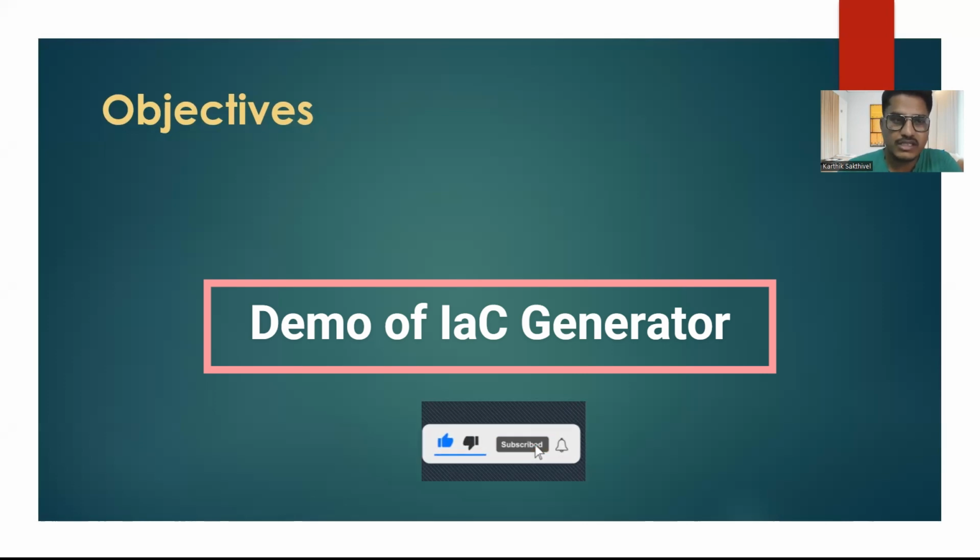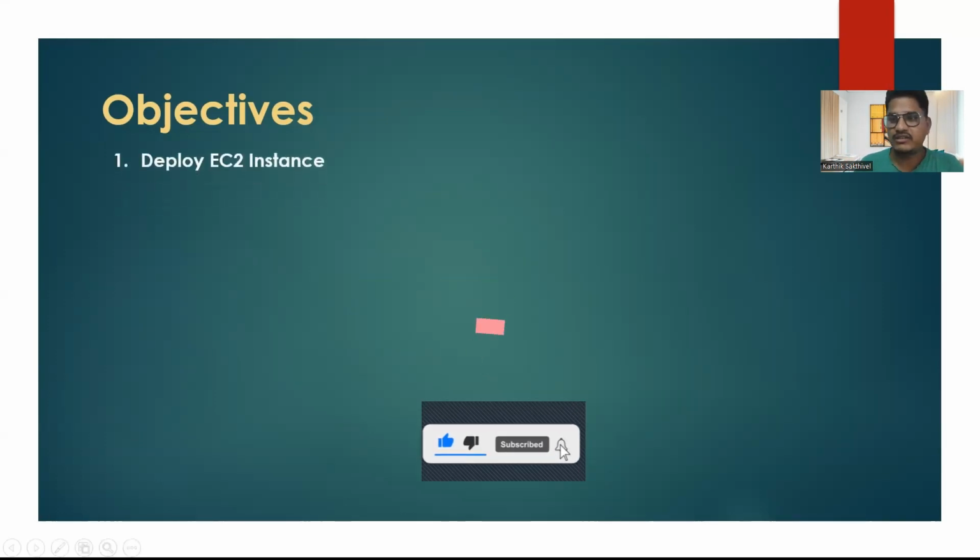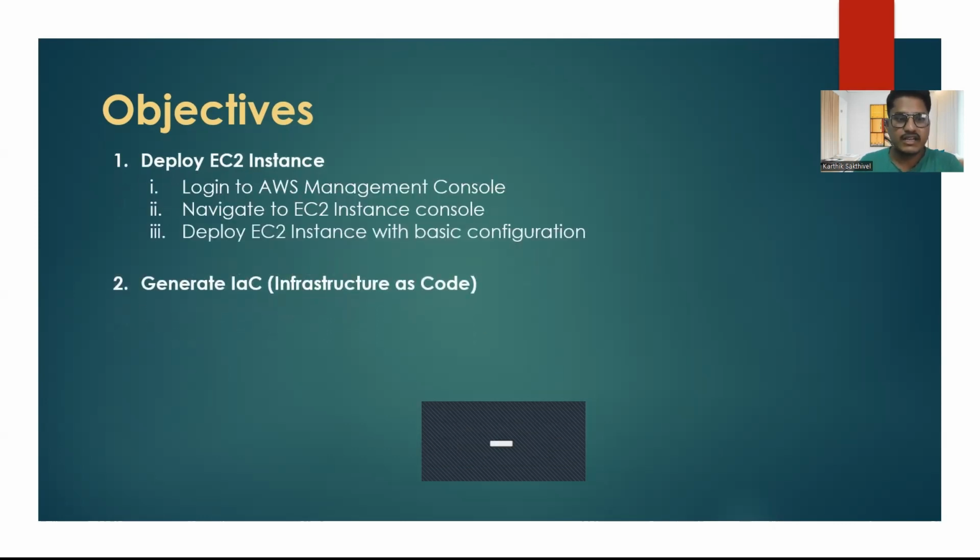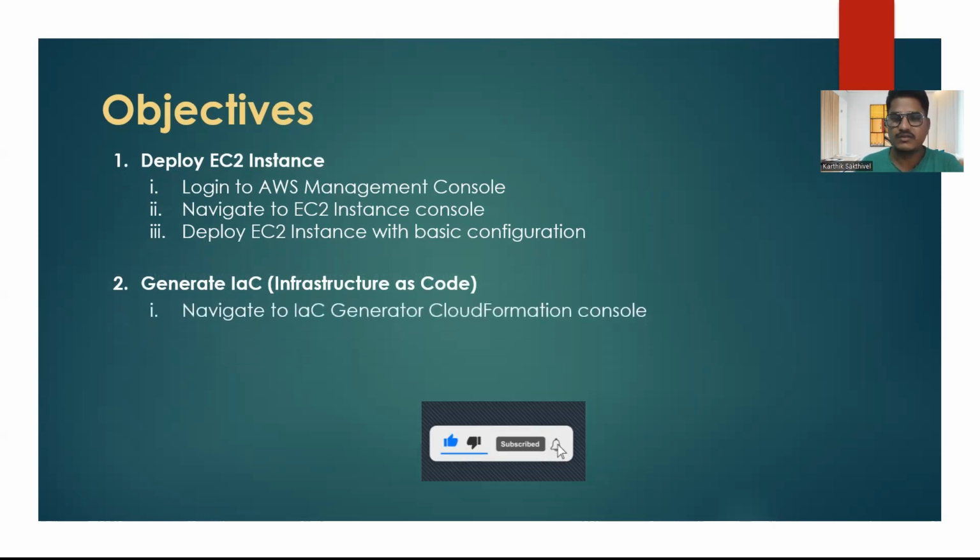To achieve this demo, these are the objectives I have collected. To test this use case, we need to deploy a sample EC2 instance using the management console and generate an IaC template for the EC2 instance. Similarly, we need to jump into the CloudFormation console and the IaC Generator feature.